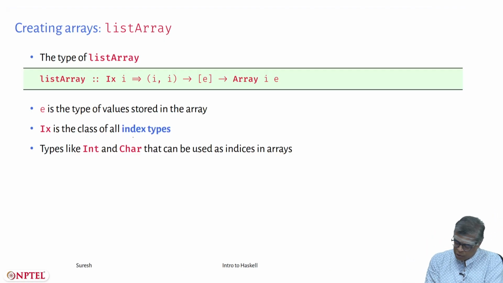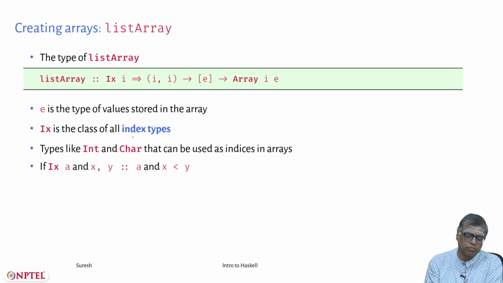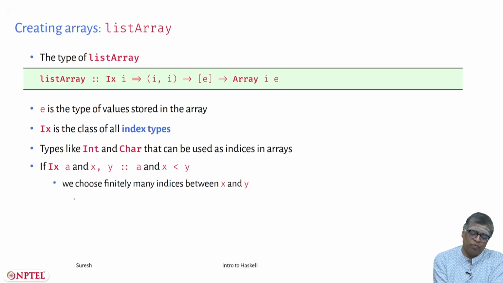That's all I want about indices. So if A is an index type and x and y are values that belong to the type A and x is less than y, then we choose finitely many indices between x and y.